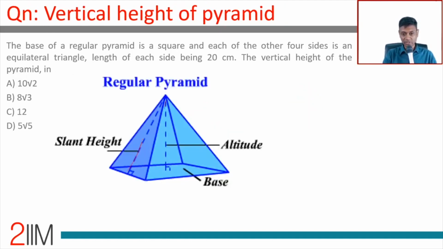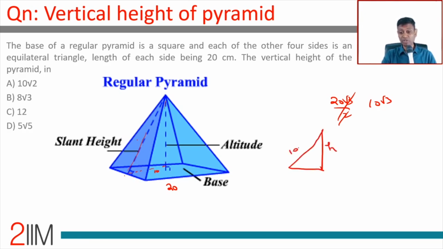So we need to find this. We can find this as a slant height. This is 20, so this is 20 root 3 by 2, or 10 root 3. We need this. The base is 10. So we're looking at a right angle triangle where the altitude h is what we need to find.